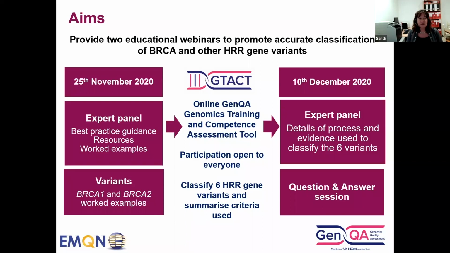Since the 25th of November, individuals have been able to participate on the online GTACT tool, which was to classify 6 different gene variants and summarize the criteria that was used by each individual. The aim of today is to go through in detail the evidence used and the classification from the expert panel of these 6 variants, and then we will open a question and answer session.